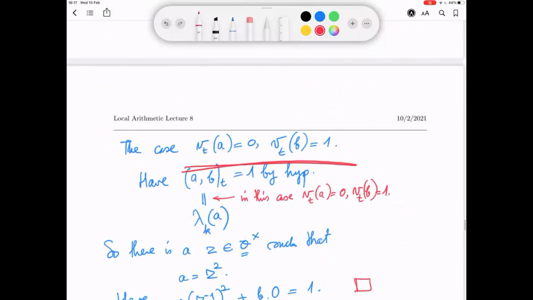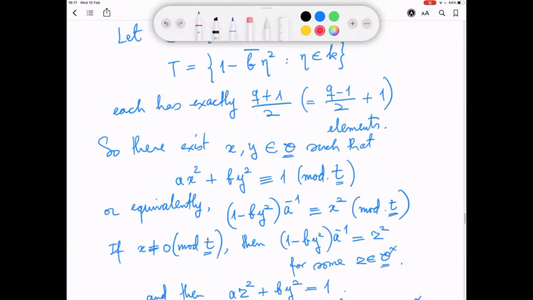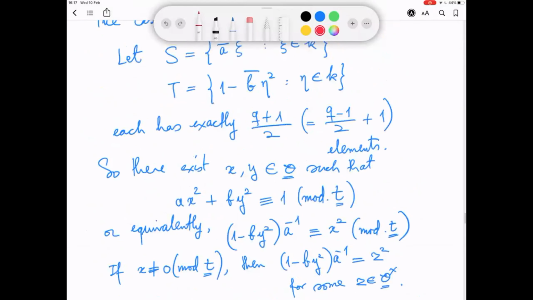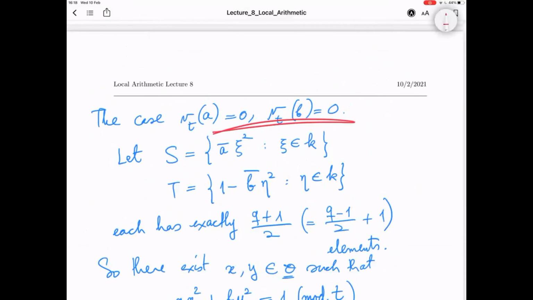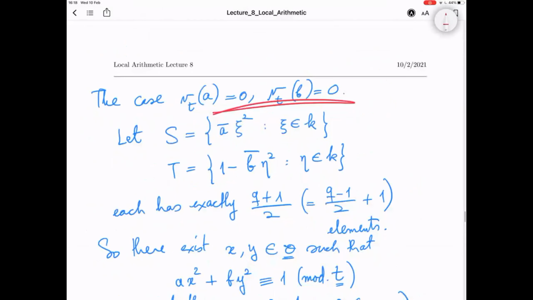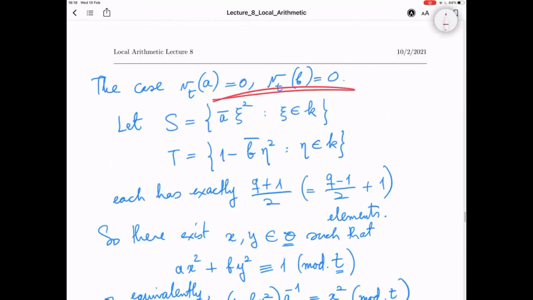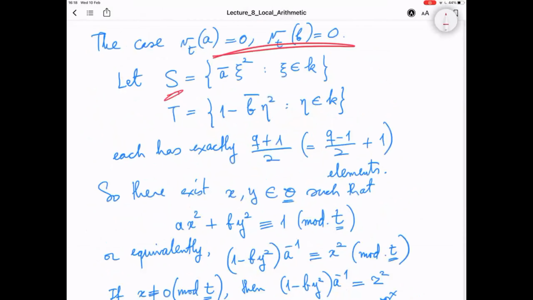Okay, so here is the case 0, 0. It's exactly what we have done in the case of Q_p. You consider S to be this set consisting of A bar times all squares in the field K, and T to be the set 1 minus B bar times all squares in the field K. Each of them has exactly (q plus 1) by 2 elements.